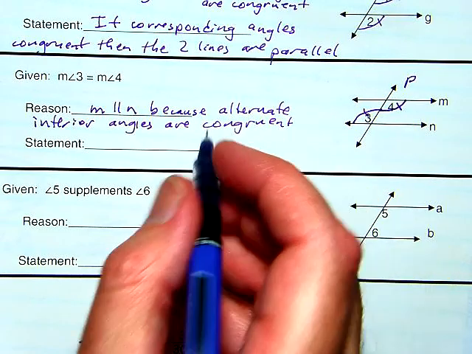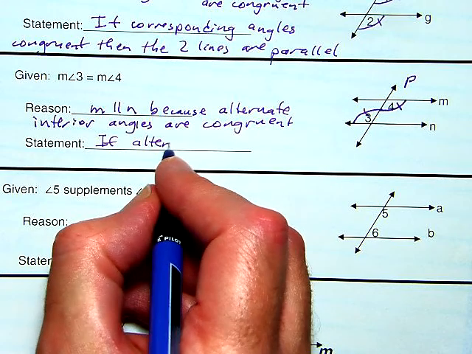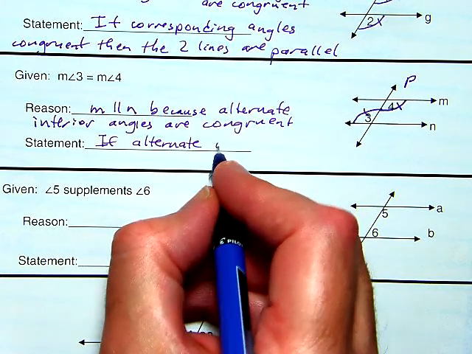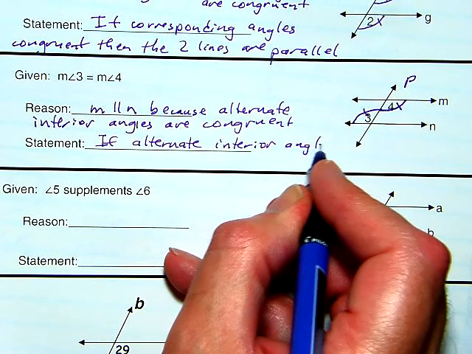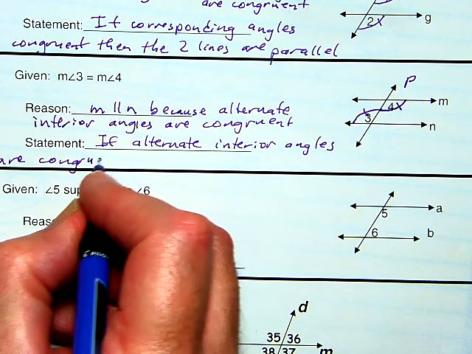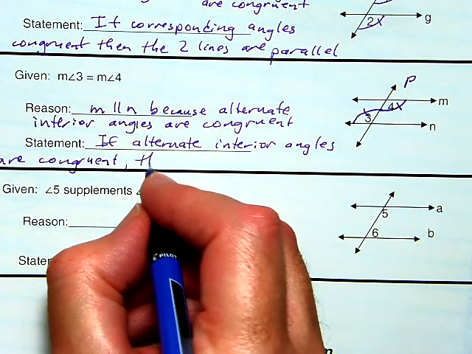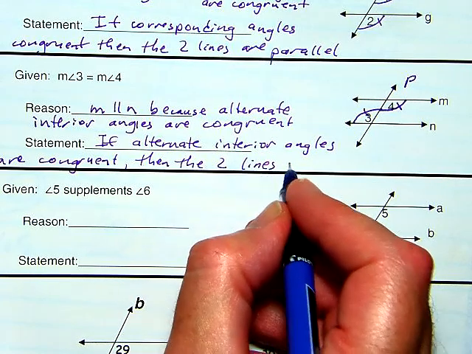And the statement in general would be if alternate interior angles are congruent, then the two lines are parallel.